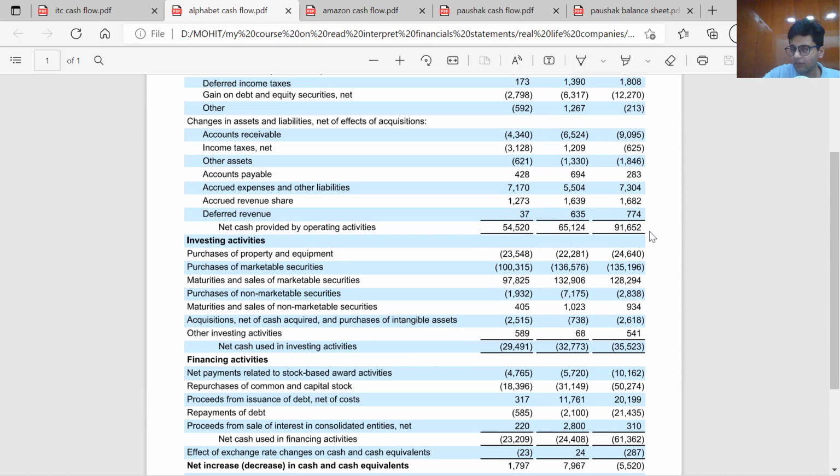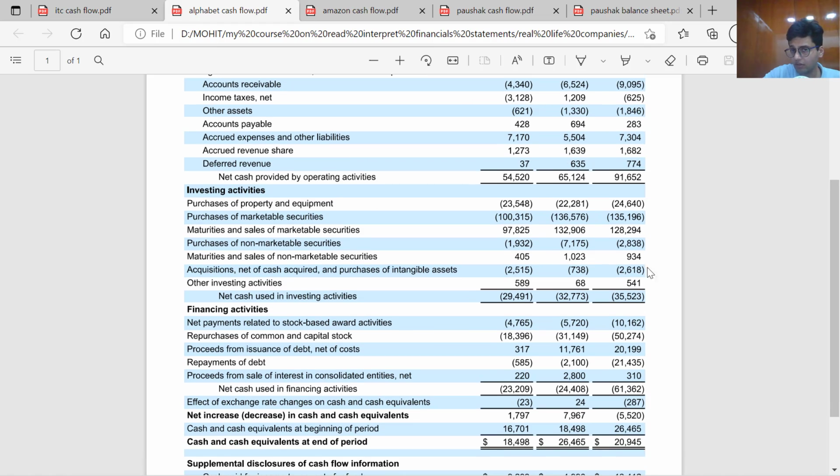It earned $91 billion of operating cash flows. Out of that, it effectively used $26 billion for capex or for its growth. The remaining amount, about $7 billion, was put in marketable securities like your mutual funds, your government securities, your 10-year bonds, etc.